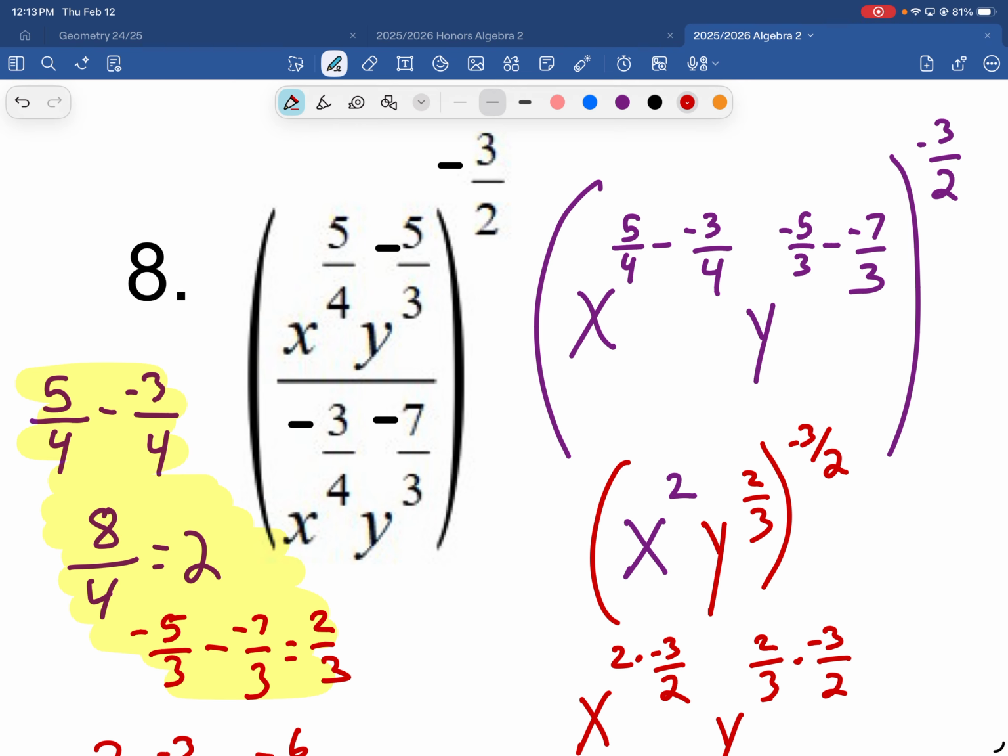Also for me, when I'm correcting these, I can see if you have this right, at least I know that you have the quotient rule taken care of. And I know you have the power of a power rule taken care of. You might not be able to add fractions or multiply fractions, but I at least know you know how to do the higher algebra stuff. Then I can just work on you doing fractions. We can sit here and do time tests with fractions. Wouldn't that be fun?